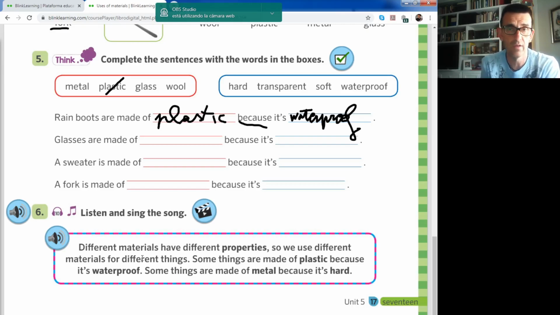You don't have in your house a shelf, no tienes una estantería en casa, made of paper. No, why not? Because the paper is soft and we need hard shelves to put the books on. Then, depending on the different materials, we use them with the different properties to make different things.